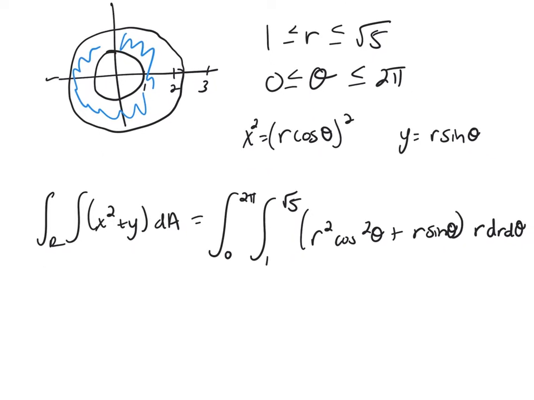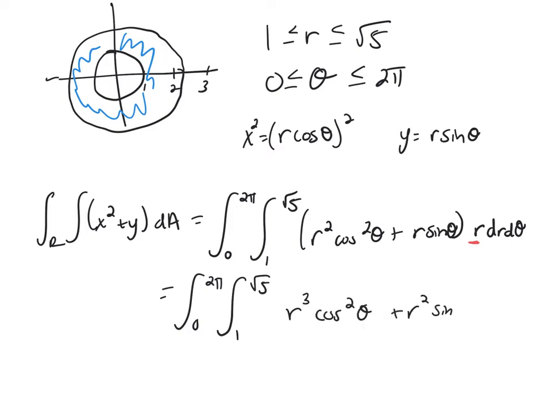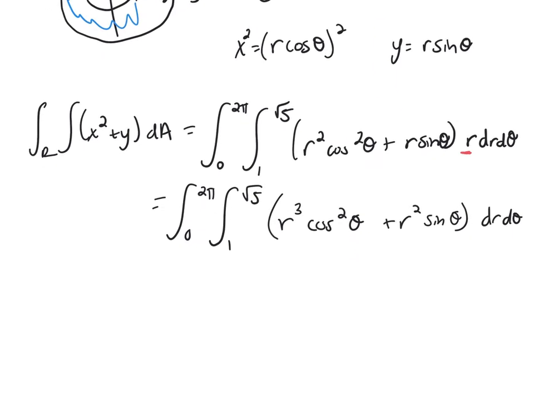So the first thing I'm going to do is distribute this r out. So 0 to 2 pi, this will be r cubed cosine squared theta plus r squared sine theta dr d theta.